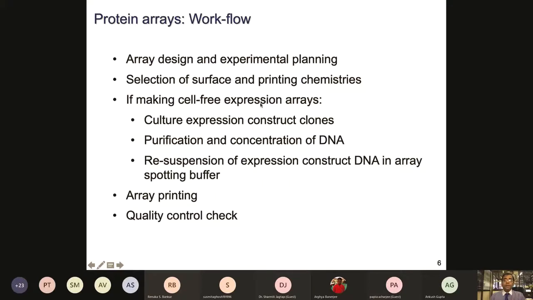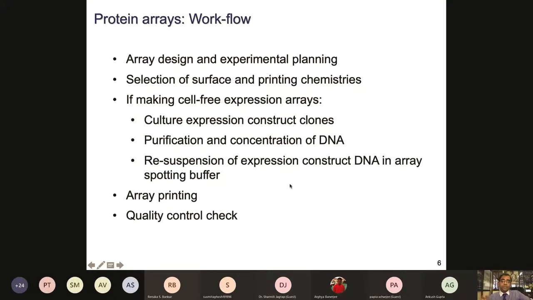If you are intending to work on cell-free expression arrays, you are going to start with culturing your construct clones. Those will have some tags which you have to keep in mind, because accordingly your array chemistry will work. You're going to purify and concentrate the DNA, and resuspend it in the right type of spotting buffer.